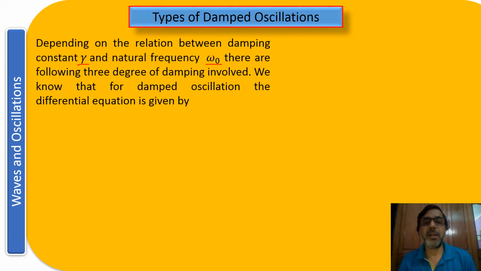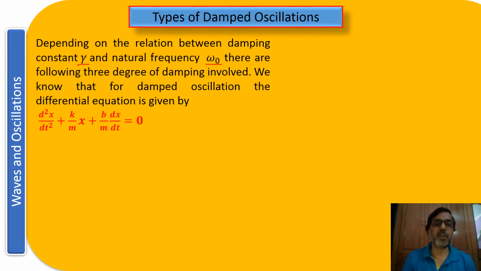We know that the differential equation for the damping is given by d square x upon dt square plus b by m dx upon dt plus k by m x is equal to 0. This differential equation we derived in the previous class, and then solved for the value of x, that is the displacement, which here means the amplitude.